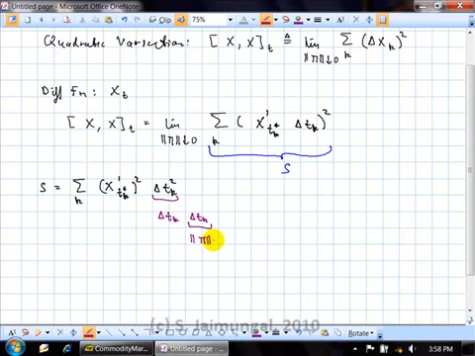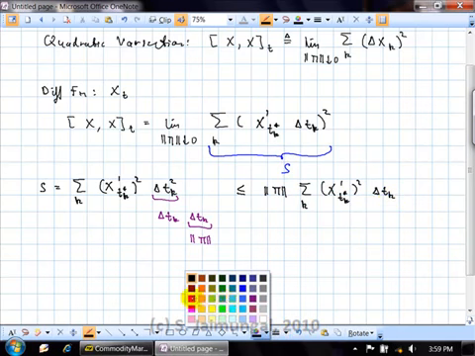That's it. So I know that this has to be less than or equal to norm pi, sum over k, x tk star prime squared delta tk. Do you agree?